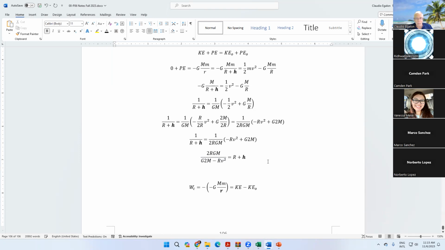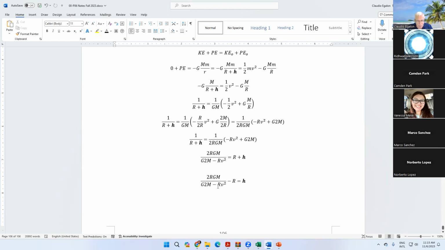And finally, that's what we end up getting, minus R. That's the maximum height that the satellite achieves, the payload achieves. Then we can plug in some numbers in there.